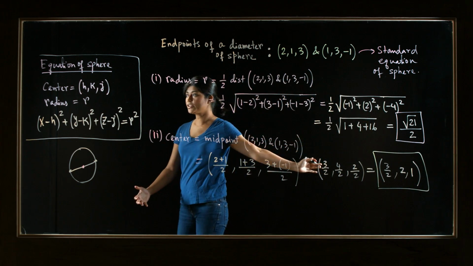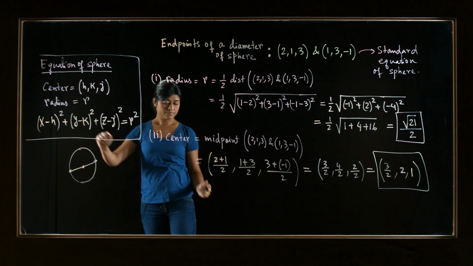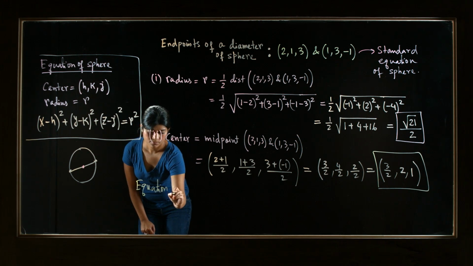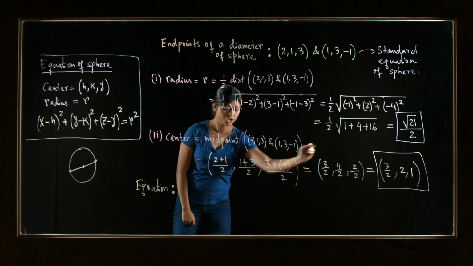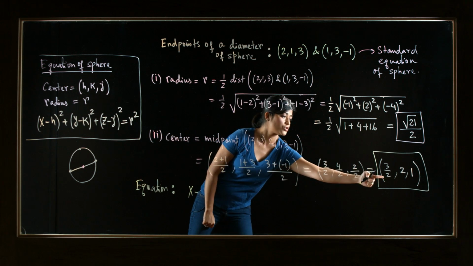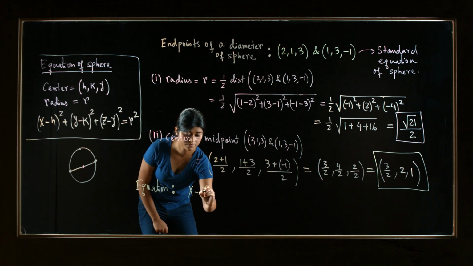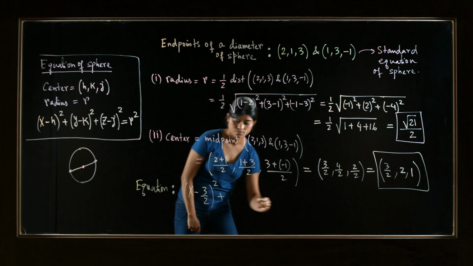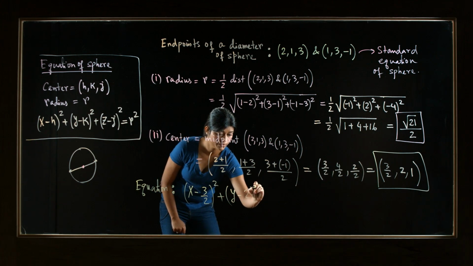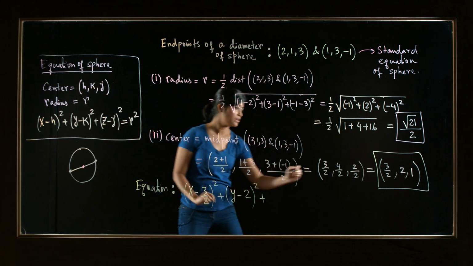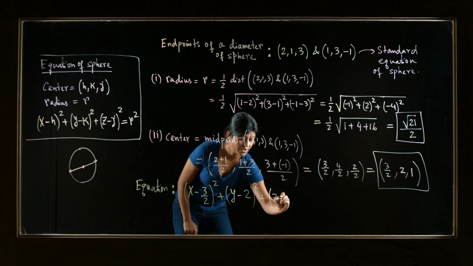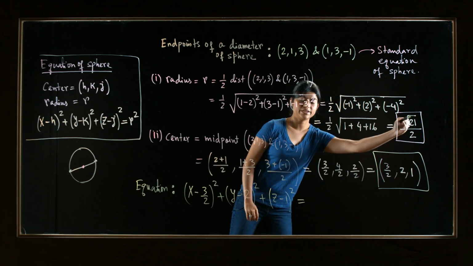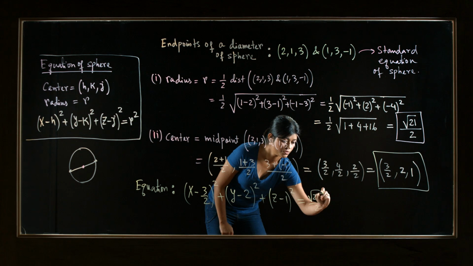So we have the radius, we have the center, so we can write down our equation. The equation is (x - h)^2, where h is the first coordinate of the center, so 3/2, plus (y - k)^2, where k is 2, so (y - 2)^2, plus (z - j)^2, where j is 1, so (z - 1)^2, and that whole thing is equal to the radius squared. The radius is right here, square root of 21 over 2, squared.